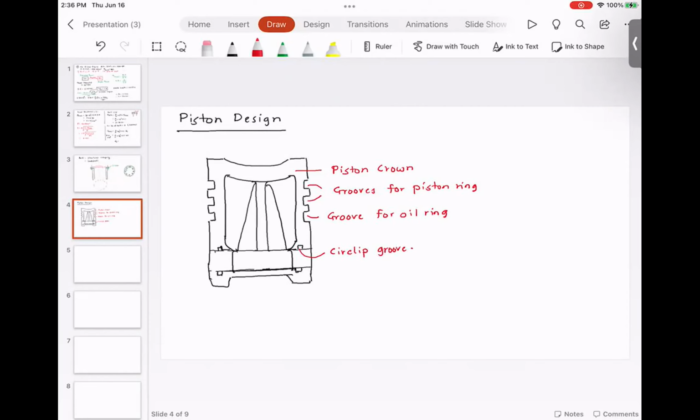This is called the top land. This is called the ring area. This is called the skirt.